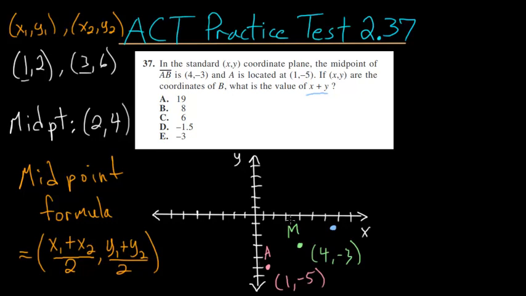Now, for our particular problem, we're given a point and the midpoint. So we have to think about it a little differently. Looking at this example, you want to think about what you added to your starting x value to get to the midpoint, because you would add that same value from the midpoint to get to the x value of your second point.